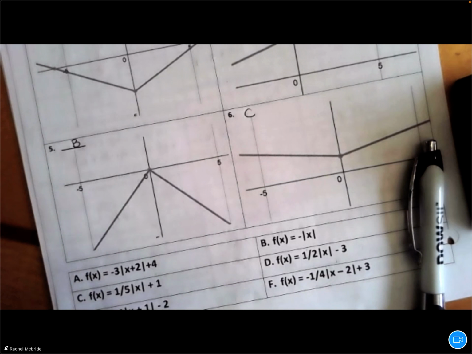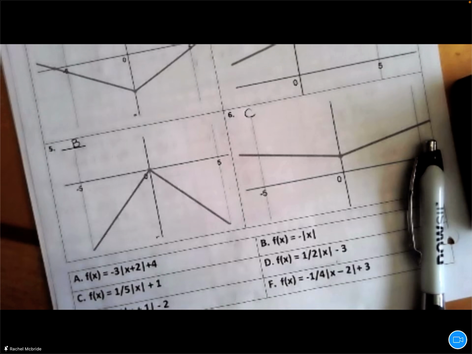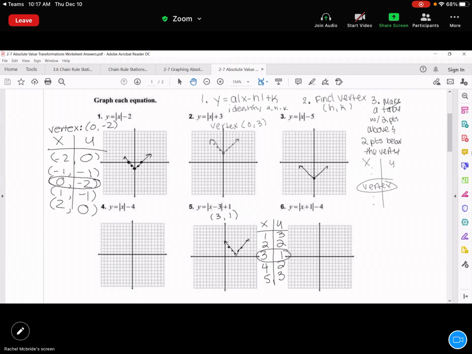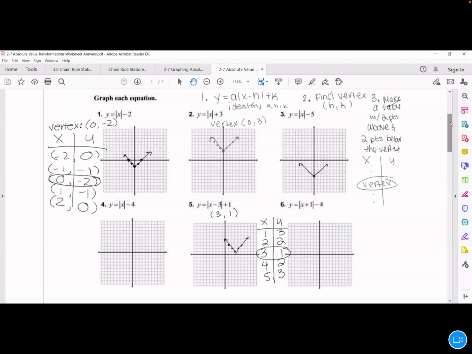For the next part, we're going to check the next page in your packet. So here you'll notice we have an absolute value shifted down 2.